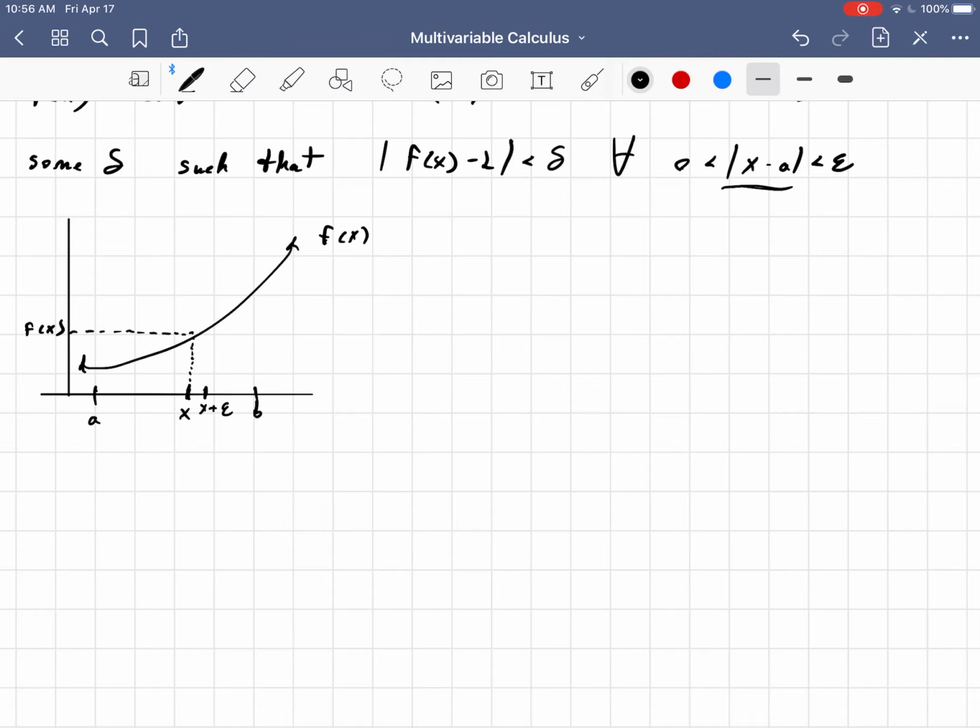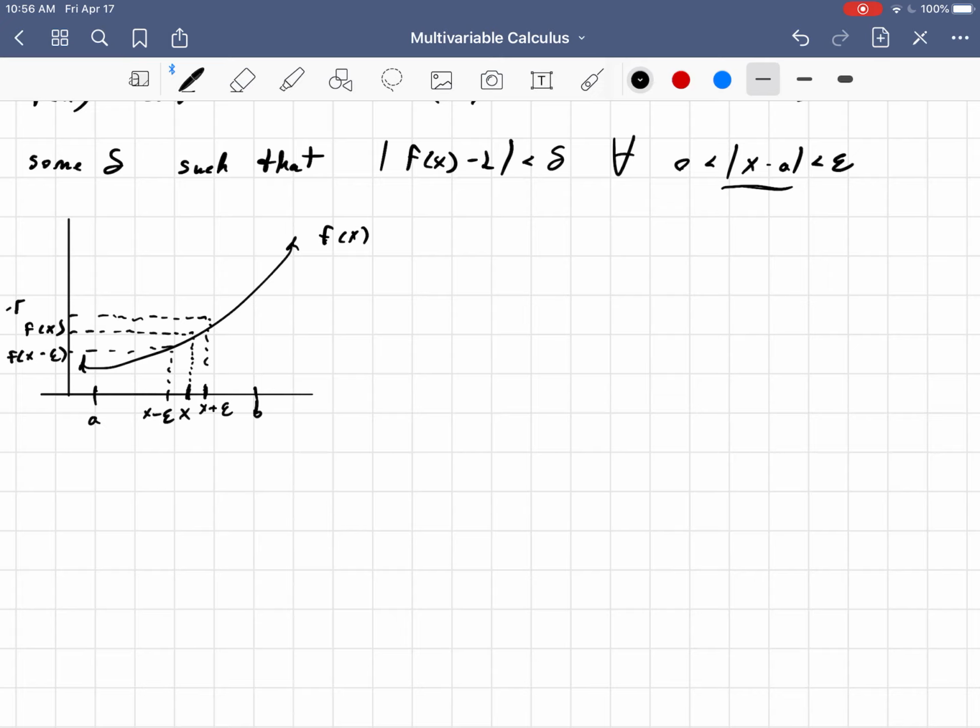So what this means is that we can go a little distance over, and I'll call it epsilon. We can go a little distance over x, or we can go a little distance under x. So we have x minus epsilon and x plus epsilon.